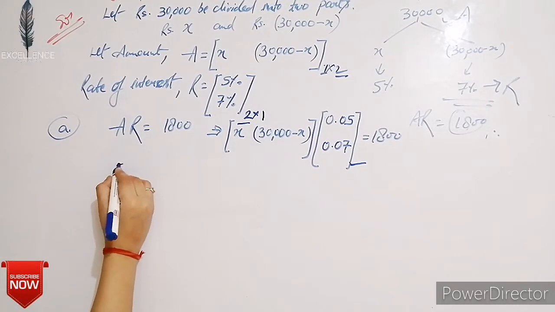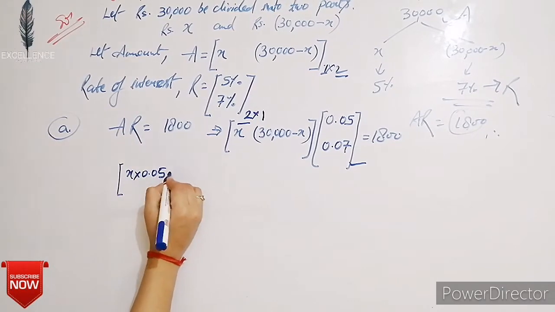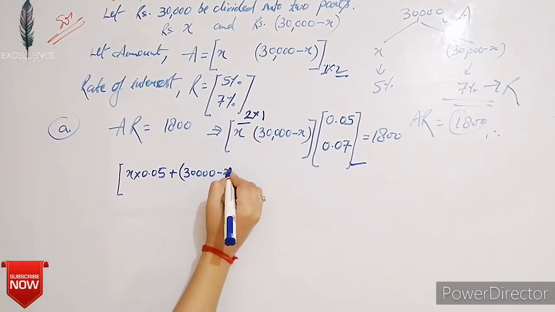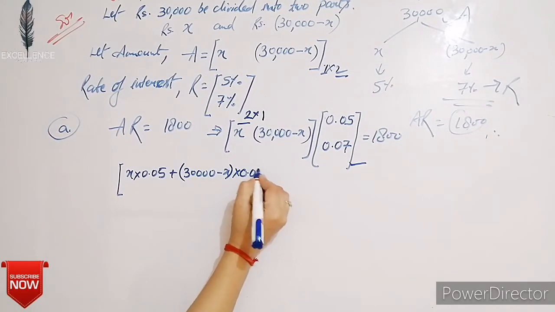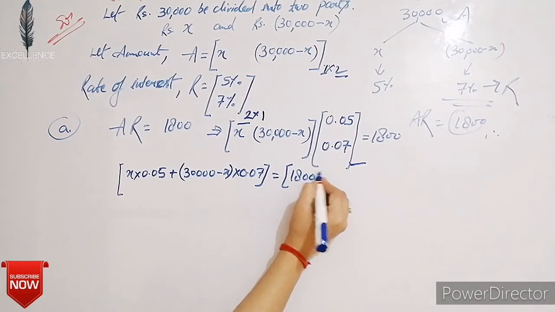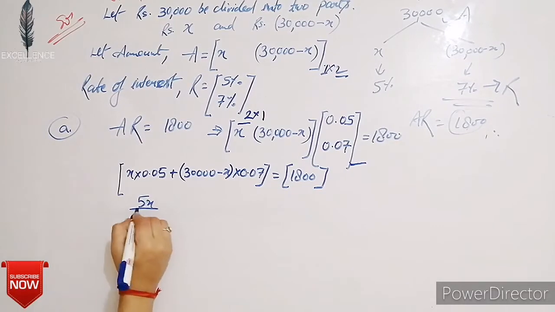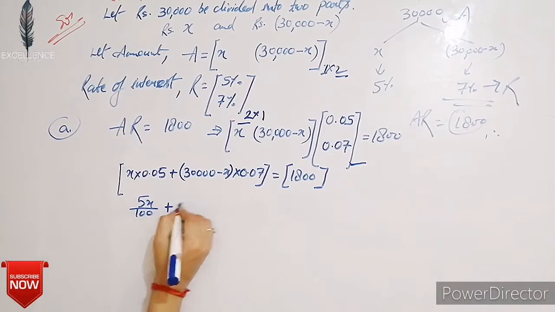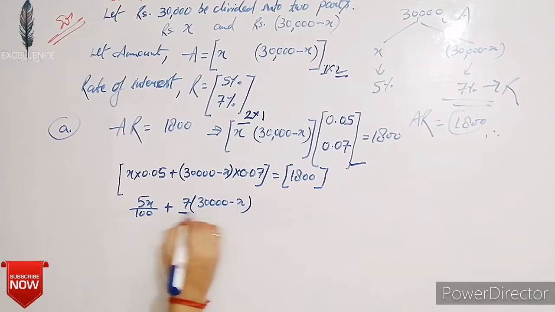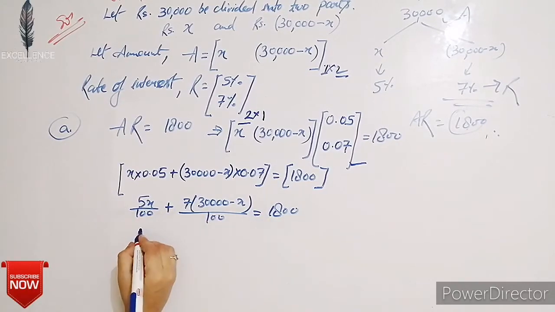Let's multiply. Then we have x into 0.05 plus (30,000 minus x) into 0.07 is equal to 1,800. On solving, we have 5x by 100 plus 7 into (30,000 minus x) by 100 is equal to 1,800.